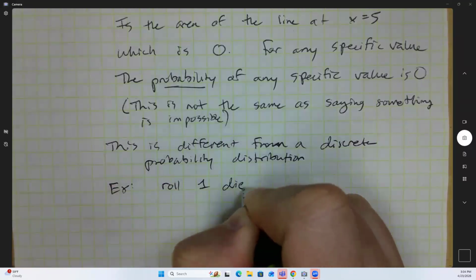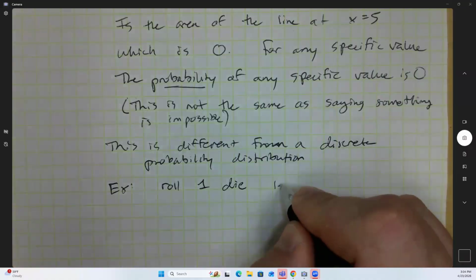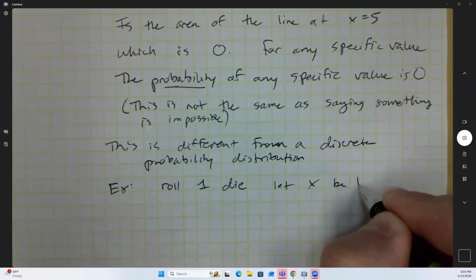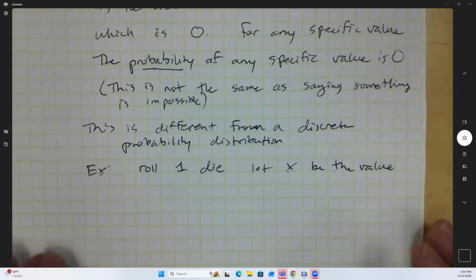Roll 1 die, which is the singular of dice, and let x be the value. Is that discrete or is that continuous? Can you ever roll a 3.7? No, right? It gives you specific values that you can take.